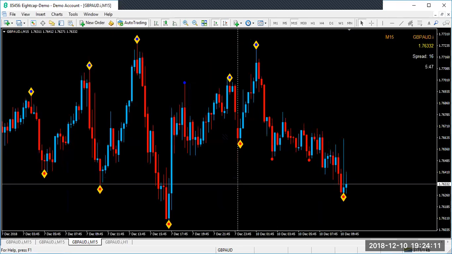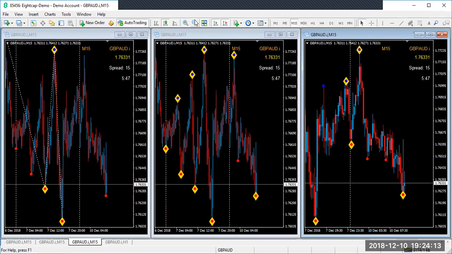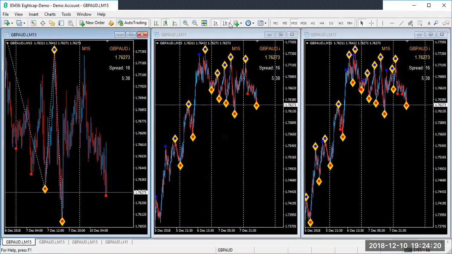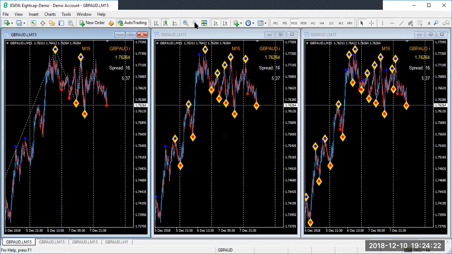So these are the 3 diamond settings that are in your charts.